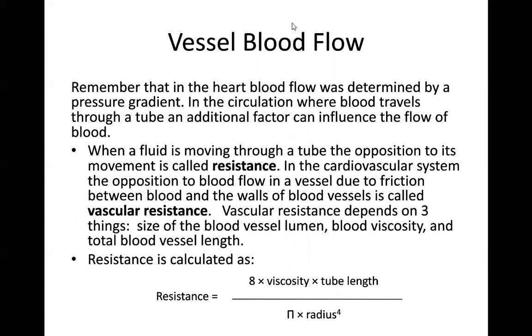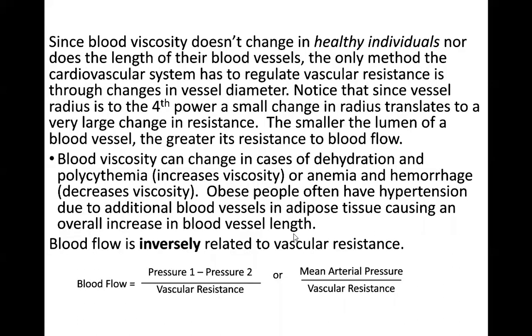The radius, in other words, refers to the blood vessel's lumen to the 4th power. Now, by putting it to the 4th power, you're not multiplying it times 4, you're multiplying it times itself 4 times, right? Which means you change the lumen just a little bit, you're going to see huge changes to resistance.